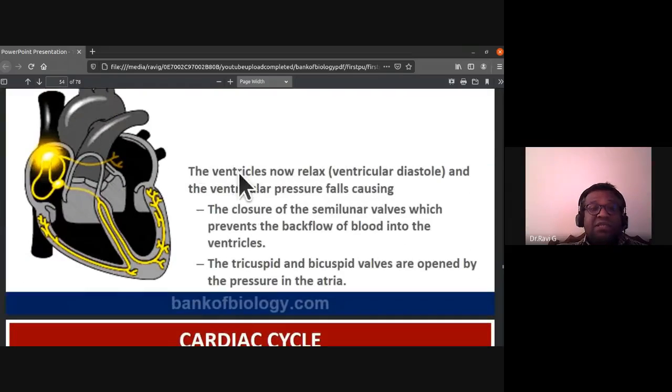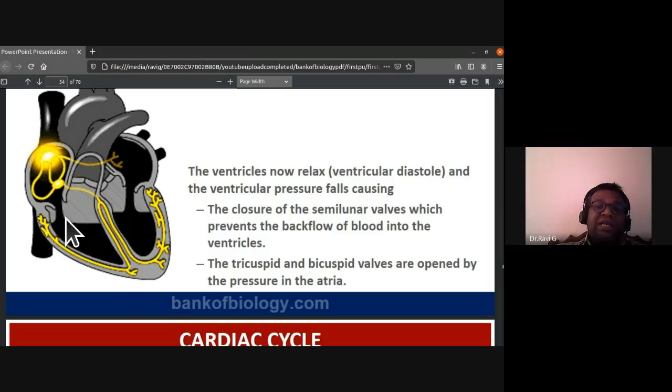Then the ventricles relax, which is ventricular diastole, and the ventricular pressure falls, which causes the closure of the semilunar valves, preventing the backflow of blood into the ventricles.